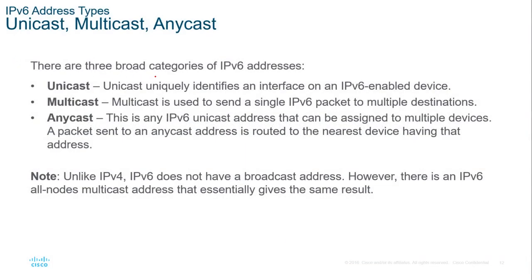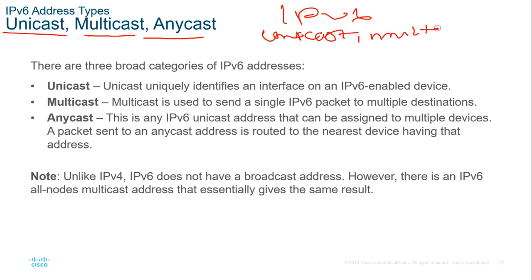There are three broad categories of IPv6 address: unicast, multicast, and anycast. In IPv4, we still have unicast, then multicast, and then broadcast. But in IPv6, we don't have a broadcast.